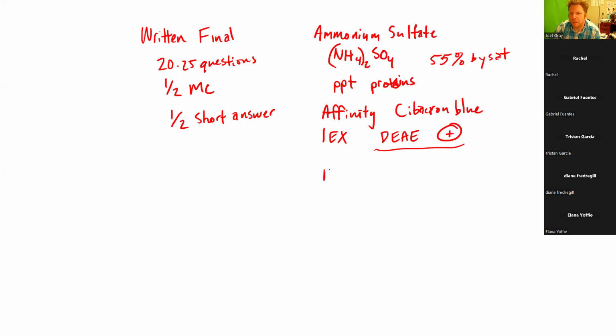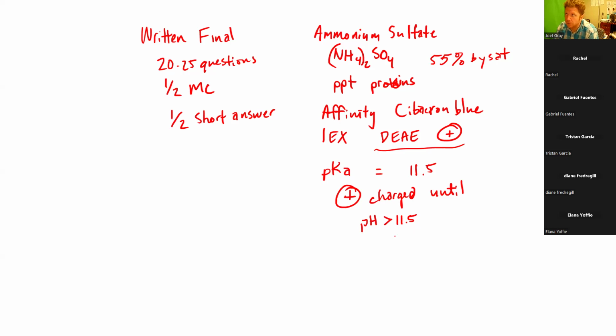This column has a pKa of approximately, I think it's like 11.5. So what that means is that the predominant form of this molecule will be positively charged until the pH is greater than 11.5.